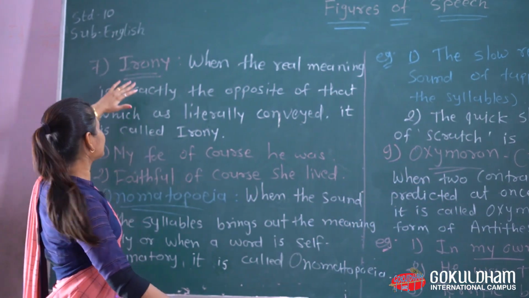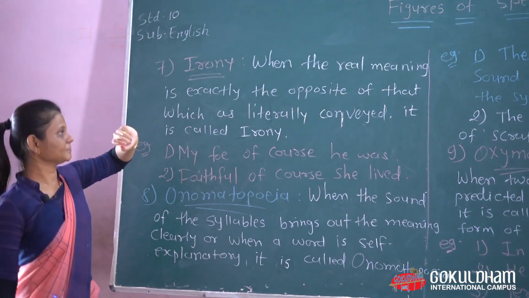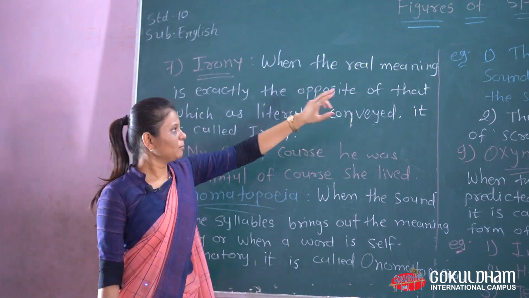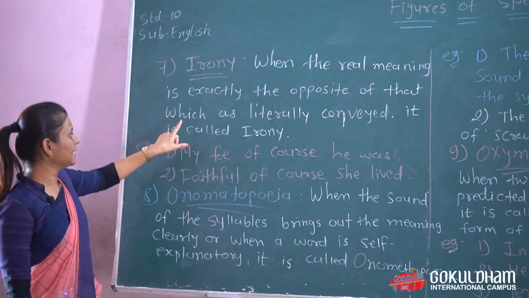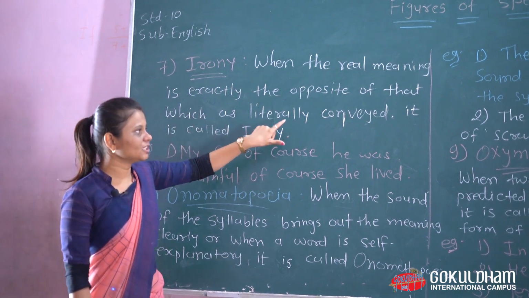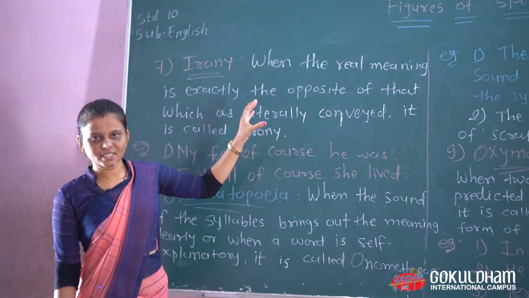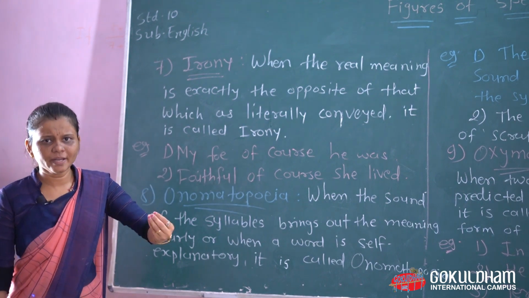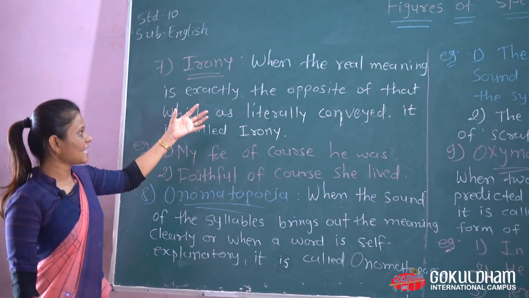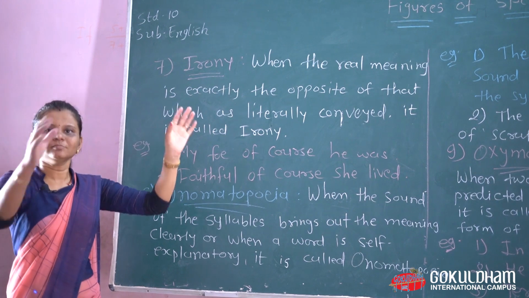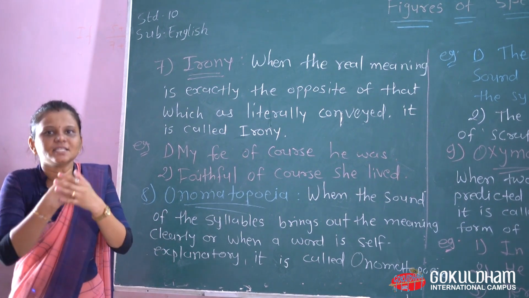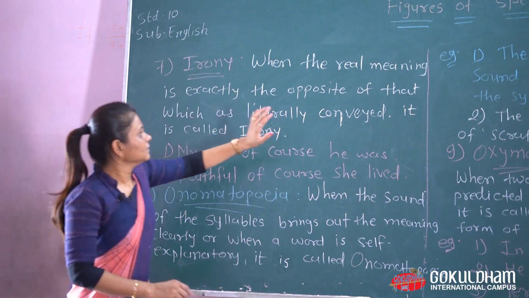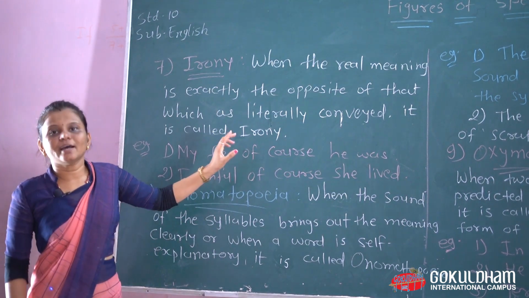Now next, number 7, irony. When the real meaning is exactly the opposite of that which is literally conveyed, which is literally written in front of you, and that is exactly different from reality, it is called irony.